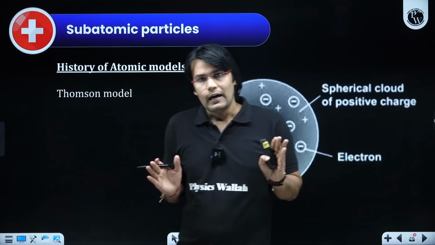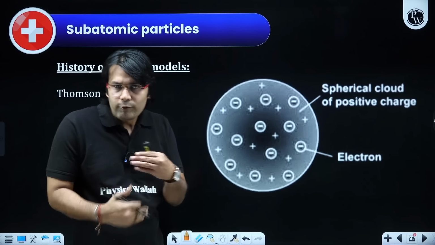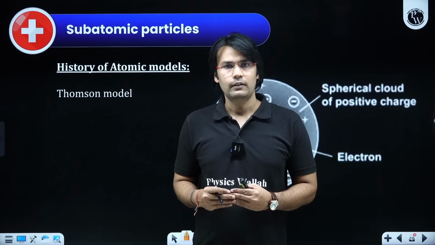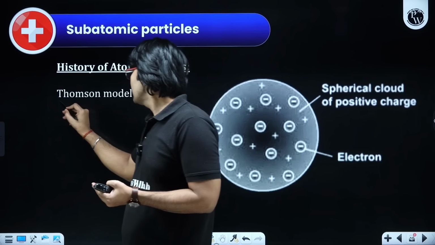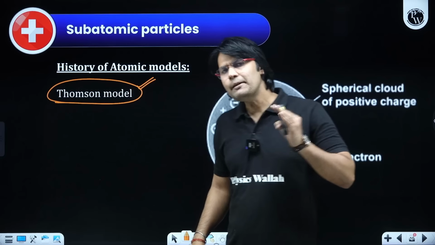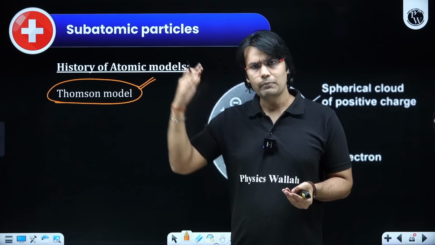Now, after the discovery of electron, proton and neutron, we have to quickly discuss the models that were given. The very first model of atom is the Thomson model, and Thomson model is completely based on the cathode ray experiment. Cathode ray experiment was done by J.J. Thomson.